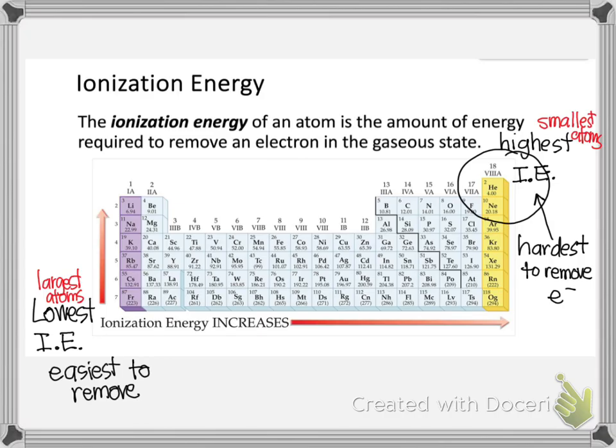On the largest atoms, the outside electrons are very, very far away from the nucleus in electron atom terms, and so it's easier to draw them away because they don't feel quite as much pull from the nucleus as a smaller atom would. So let's see how we could use this trend to answer a question.